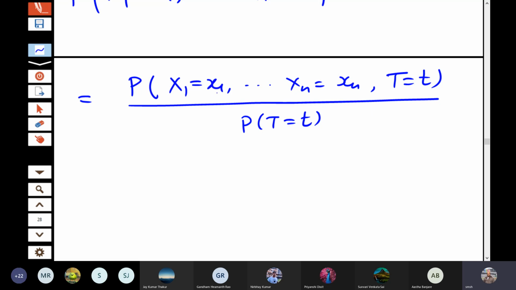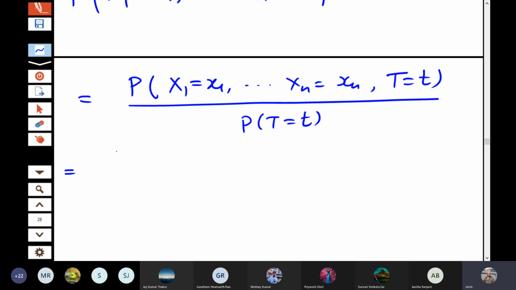So if I am putting capital X1 is equal to small x1, capital X2 is equal to small x2, capital Xn is equal to small xn, then this T must be equal to sigma xi. Otherwise this statement has no meaning. It should be basically 0 in that case.